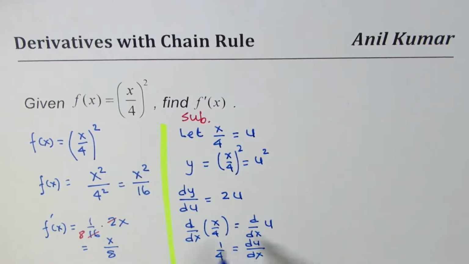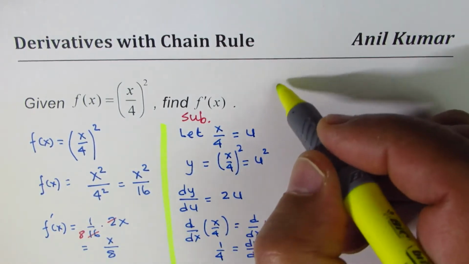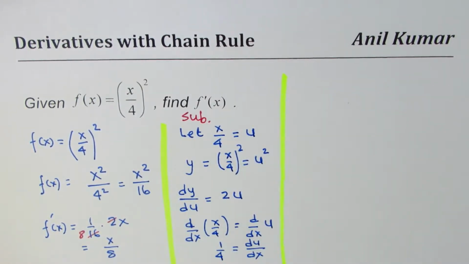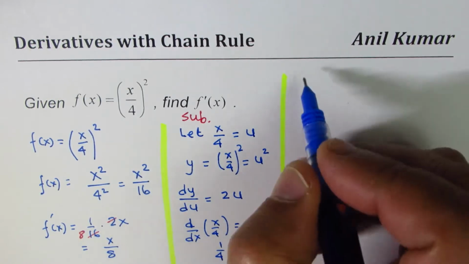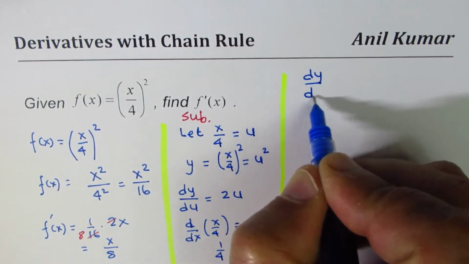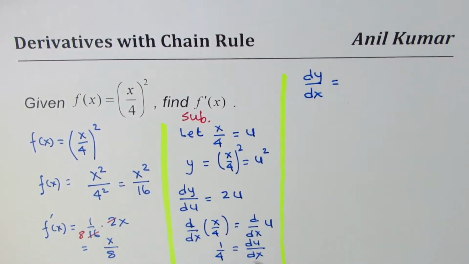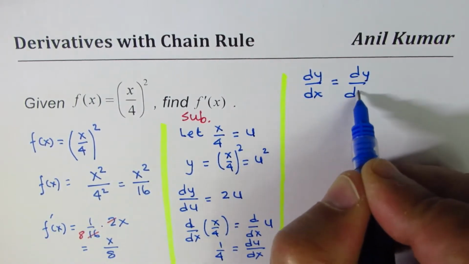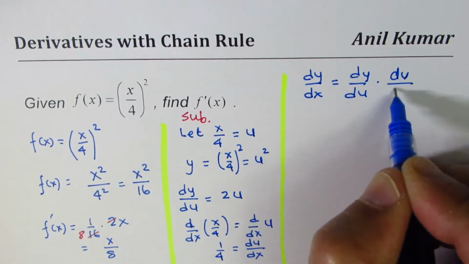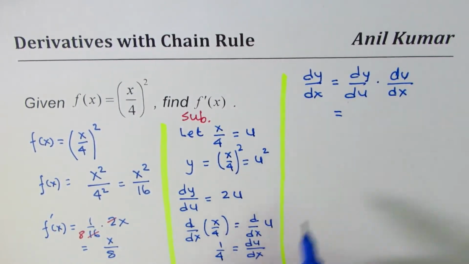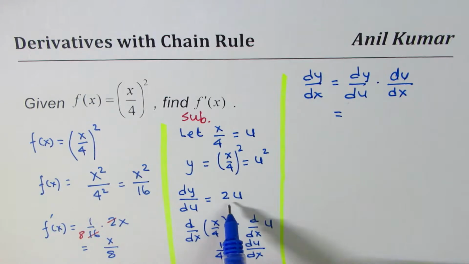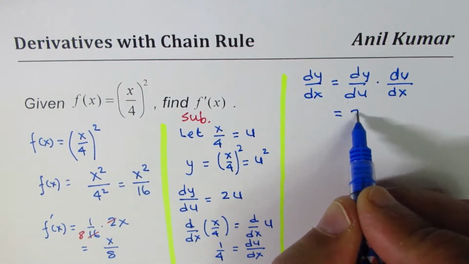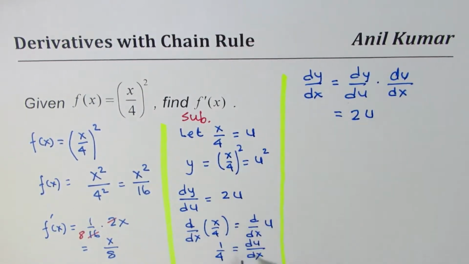So now what we get here is dy du and du dx. Let's go up here. The derivative dy dx can be written using the chain rule, dy du times du dx, correct? So dy du is 2u, and du dx is 1 over 4.